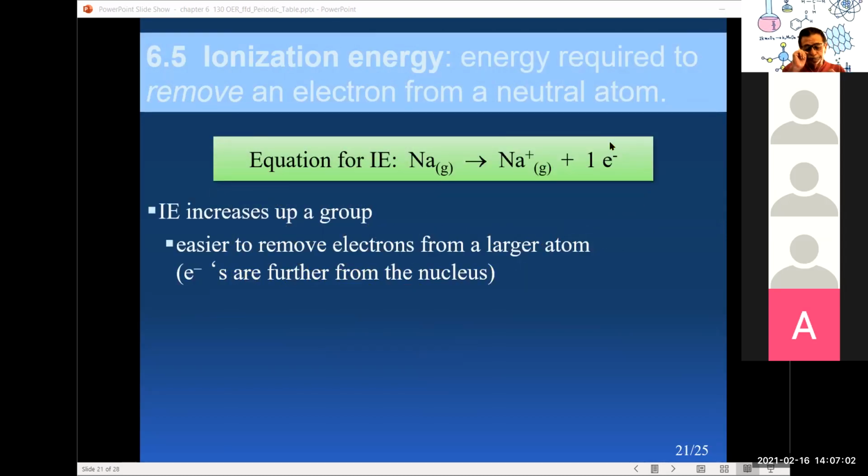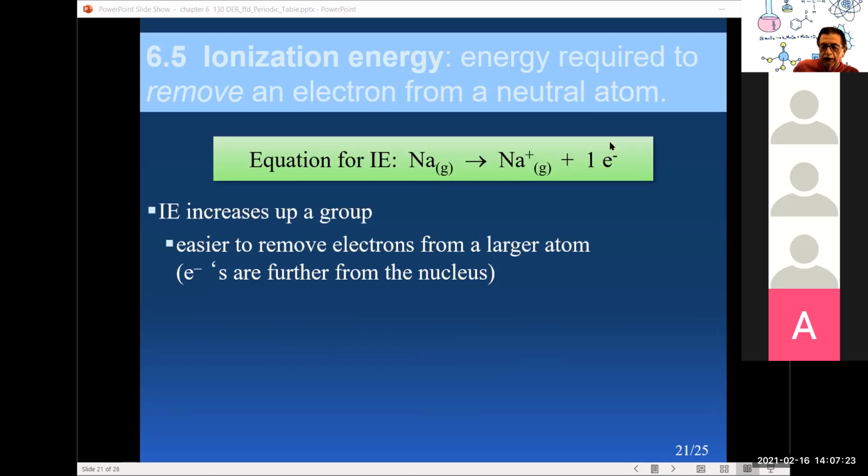Now, we're still in the periodic table. There are 2 properties we're going to talk about. One is called ionization energy, and the other is called electronegativity. What tends to happen is that people get the 2 mixed up. They are wholly different properties.